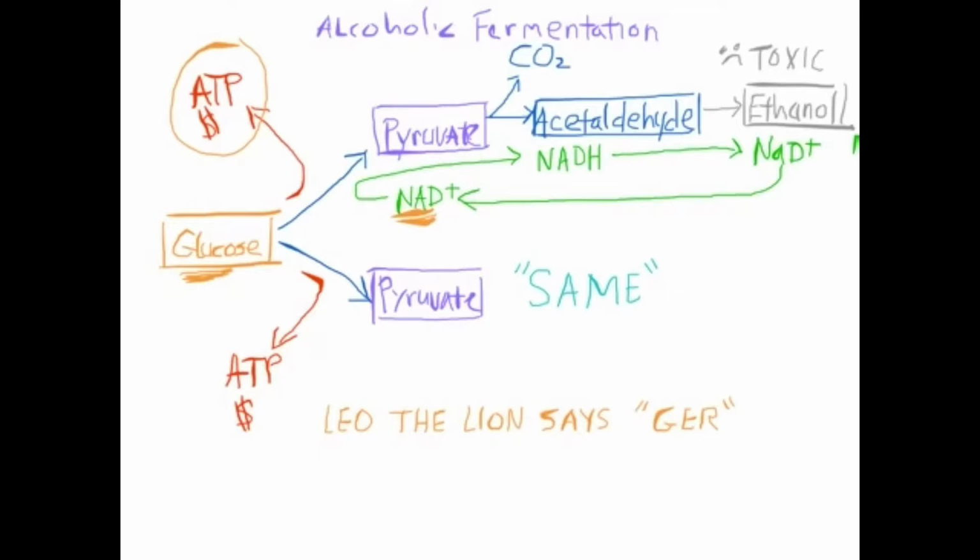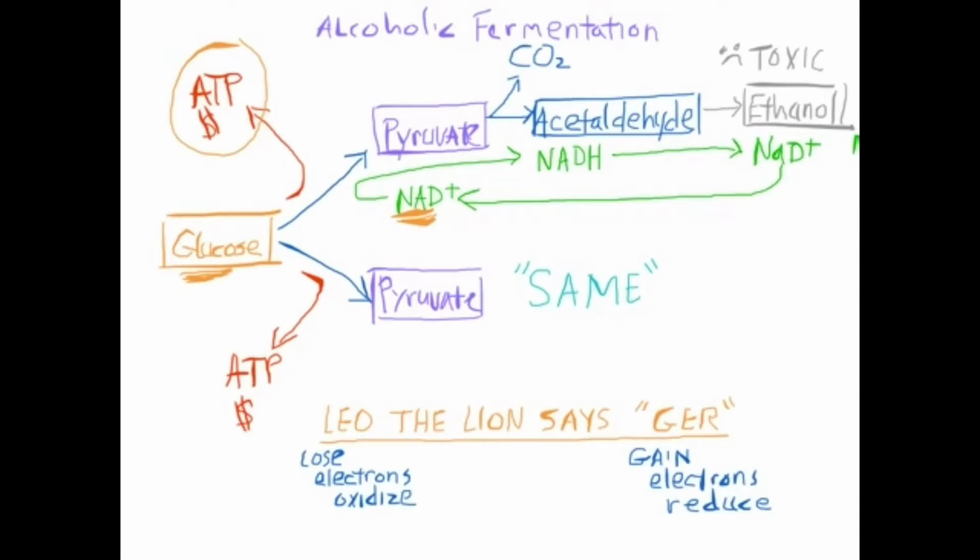The saying is, Leo the lion says grr. Leo stands for lose electrons, oxidize. And grr says gain electrons, reduce. In this model, NAD+ is gaining an electron from the glucose.